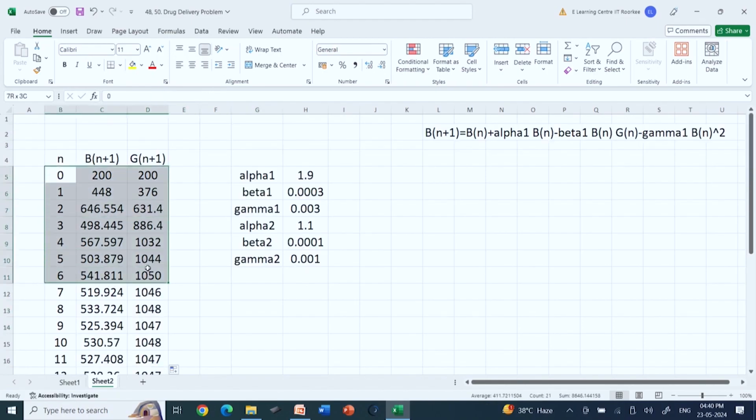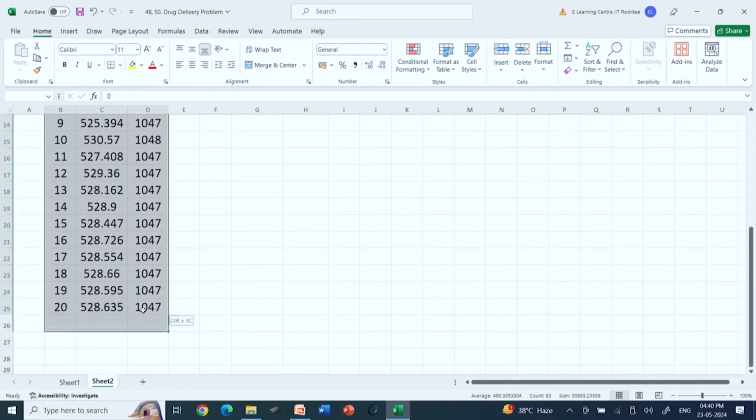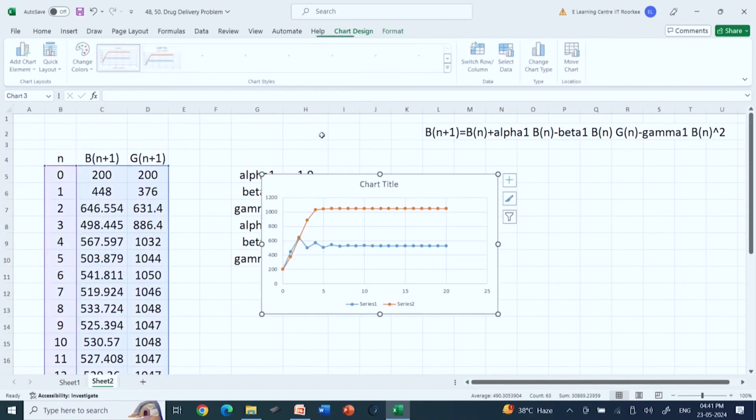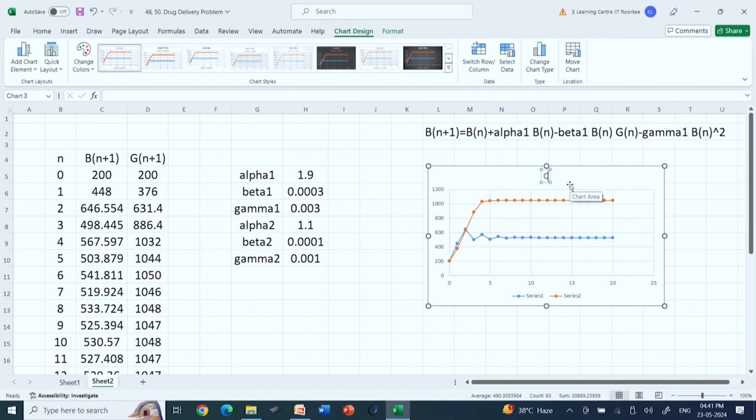So, if I want to solve them, go to insert, go to the chart and draw this. What you get here is the two species competition model.